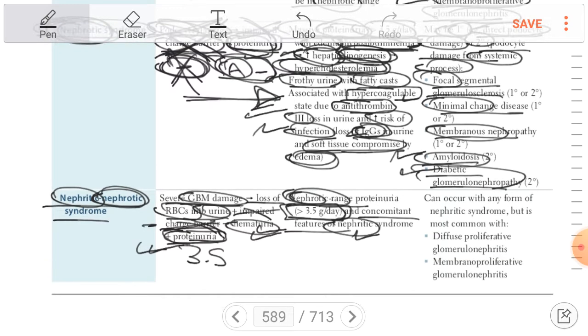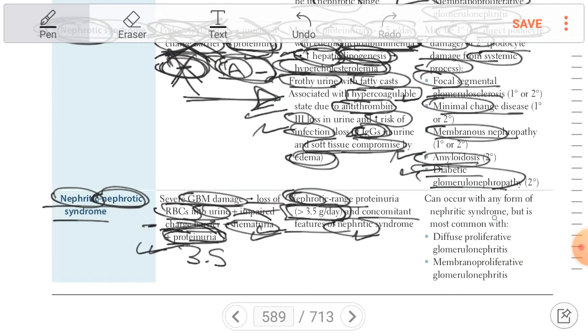Then in which case can it occur? Any form of nephritic syndrome, but most commonly with what? So it can occur with any form of nephritic syndrome. So nephritic will be converted into nephrotic. A severe form of the nephritic syndrome may be converted into nephrotic, and it's common in what?